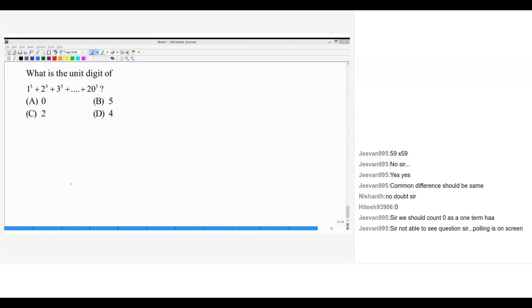Okay. So I'll give you the polling after a minute. I want you to solve it first. What is the unit digit of 1 to the power of 5 plus 2 power 5 plus 3 power 5 and so on up to 20 power 5?